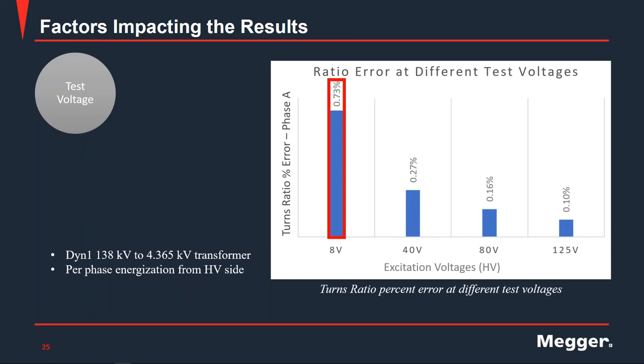But by simply increasing the test voltage up to 125 volts, you see that you have an acceptable percent error. And what you'll notice is that the percent error improvement tends to trail off after a certain test voltage. And in the testing that we've seen, above 125 volts or right about there is the max improvement that you're going to see. So you want to get up to and around 125 volts.